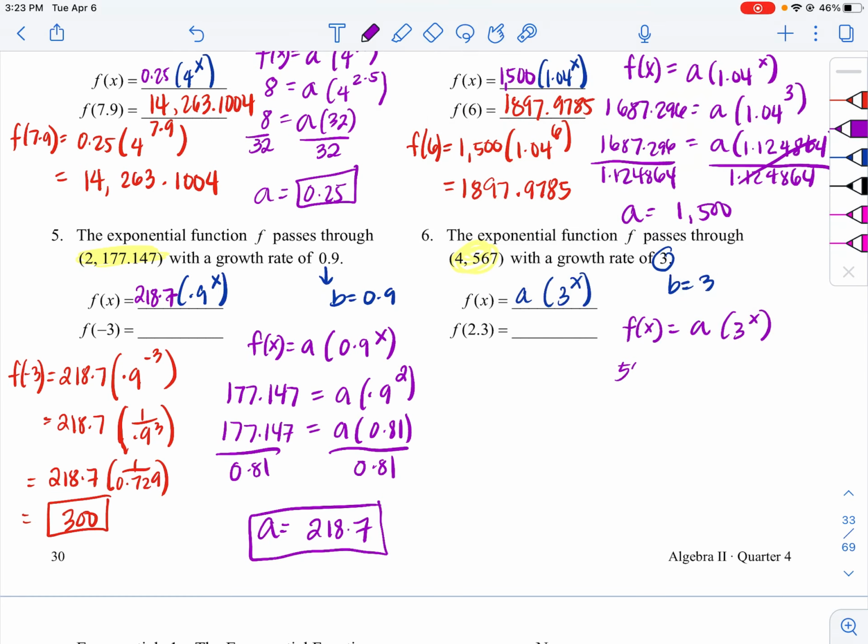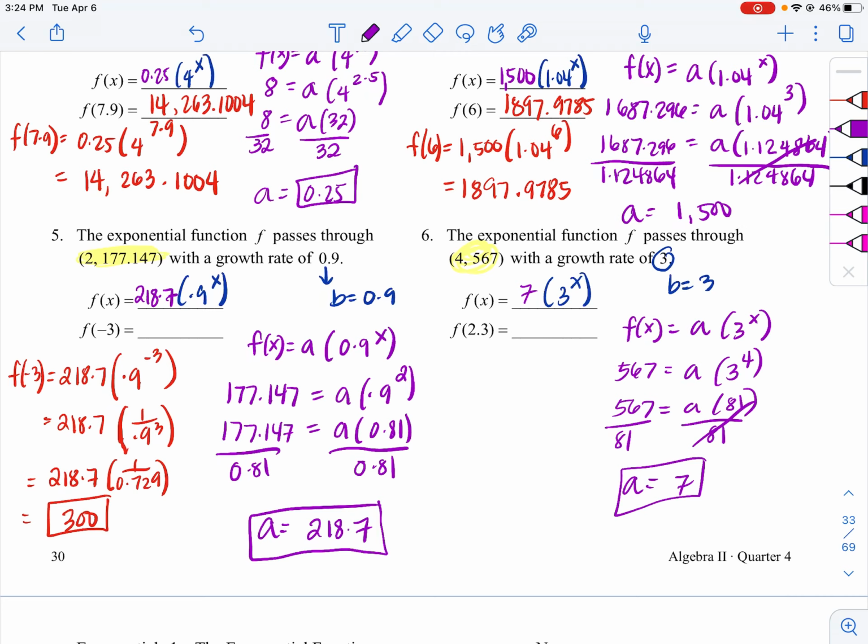So this is 567 equals a times 3 to the power of 4. Oh, 3 to the power of 4 is 81. Divide 81 on both sides. Your A is equal to, not bad, 7. 567 divided by 81 is 7. So I'm going to put 7 over here. That's 7 times 3 to the power of x.